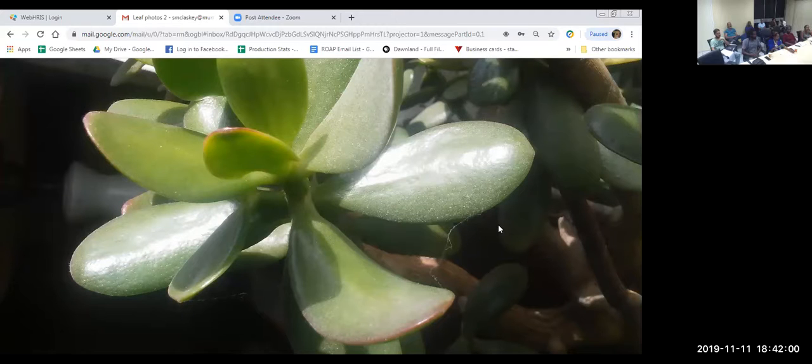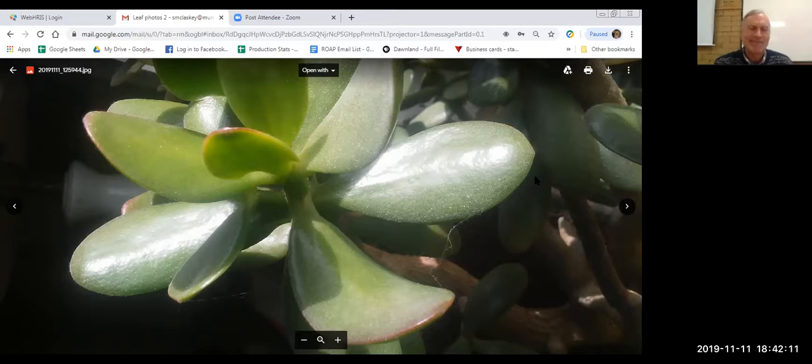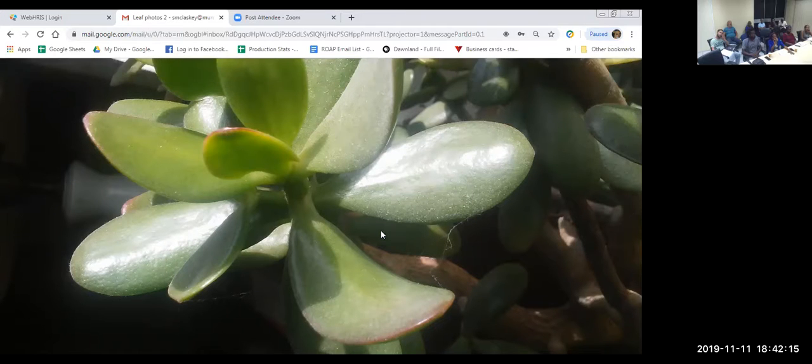Round? It's rounded, just maybe a very slight point on it, but mainly rounded. And the base of the leaf, is there a petiole or not? There's maybe a very short petiole here. And again, it tapers down at the base towards the petiole.